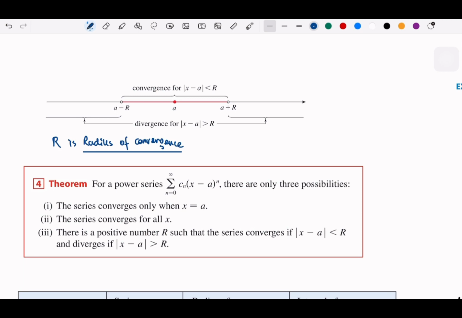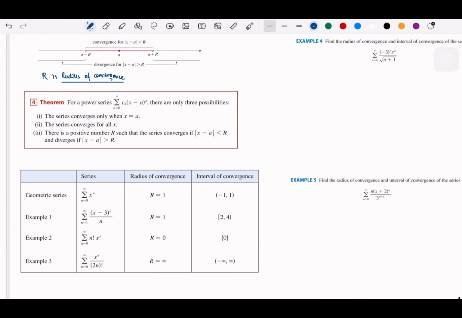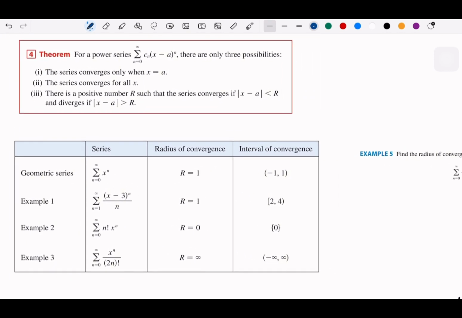And then we could see the three examples here. We could start with the geometric series that we know, x to the power of n, okay? And then the radius of convergence, of course, is just 1. We take the ratio test, and the convergence will be negative 1 to 1, because it's the ratio, it will converge when it's between negative 1 and 1.